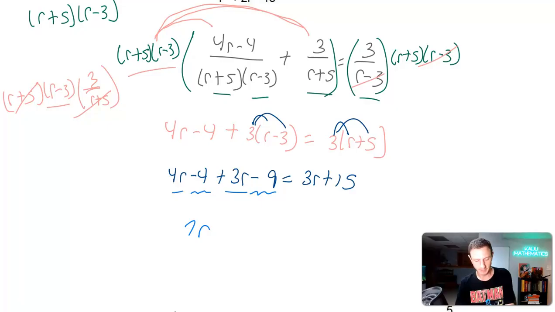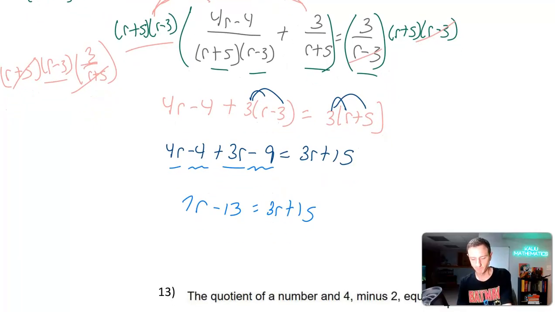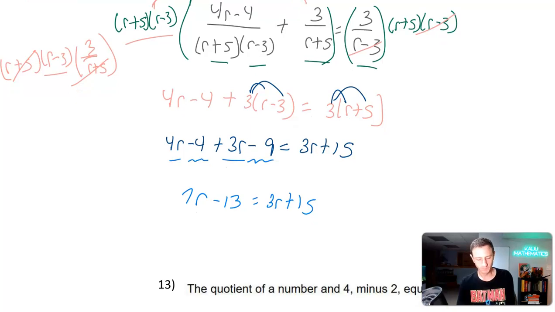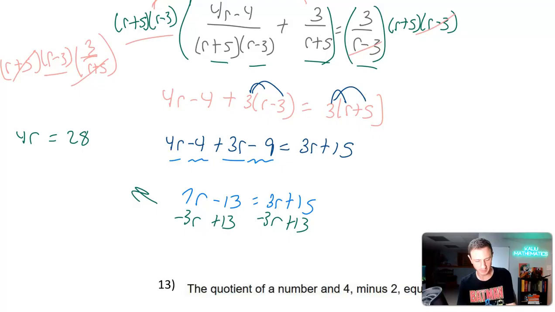Negative 4 minus 9 is negative 13 equals 3r plus 15. Minus 3r, add 13. So 7r minus 3r is 4r. I added 13 over. 15 plus 13 is 28. Divide by 4, r is equal to 7.